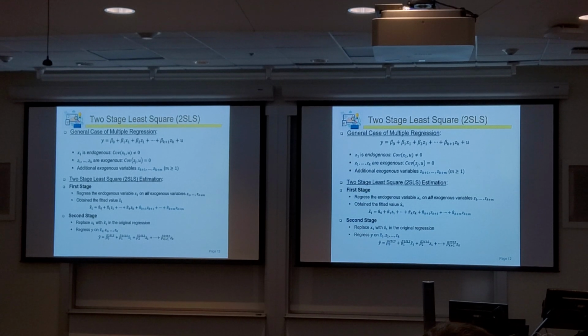I estimate that, and I have the fitted X value from that regression. Then in the second stage, I run the original regression, but replacing that endogenous X variable with the fitted X variable from the first stage. The corresponding coefficient in front of that fitted X is the two-stage least squares estimator of the original beta 1, and it should be a consistent estimator of the original beta.